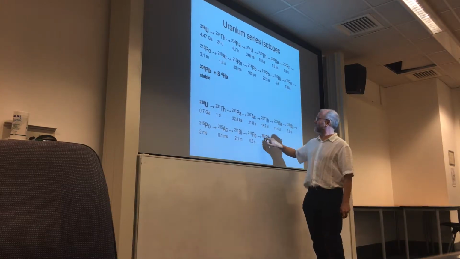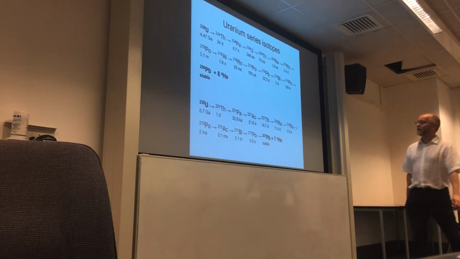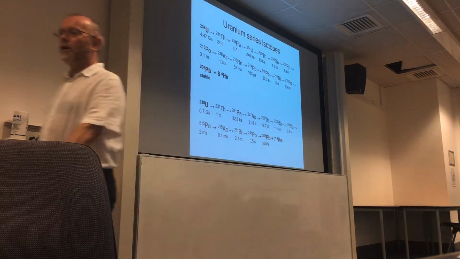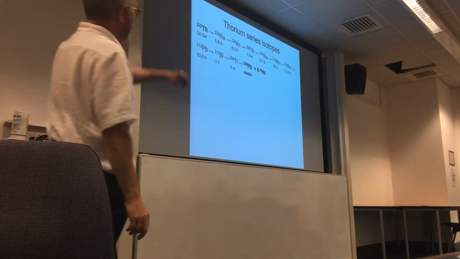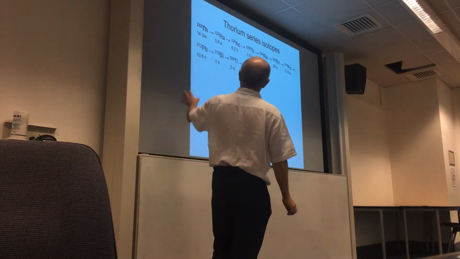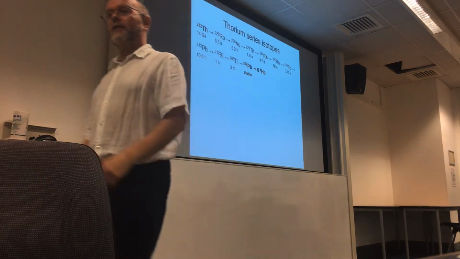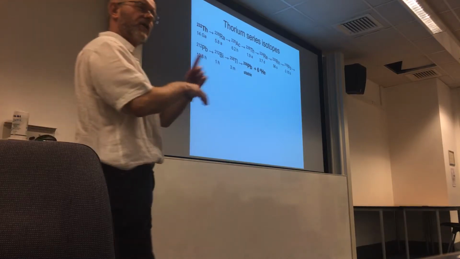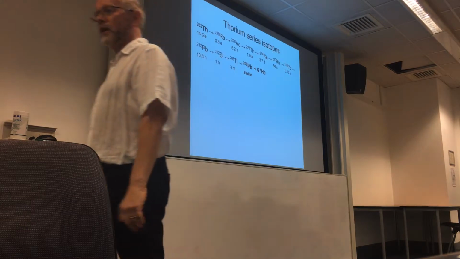Uranium-235 going to lead-207, the difference in mass number is 28, so 7 heliums kicked out. And when we go from thorium-232 to lead-208, that's a difference of 24, so 6 heliums kicked out. So all those 3 decay schemes are unique. There's no crossover, no isotope appears in more than one chain.